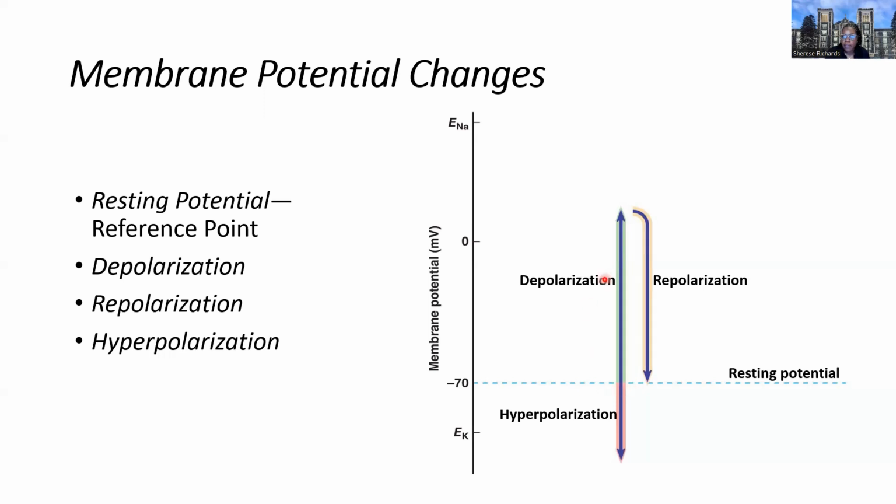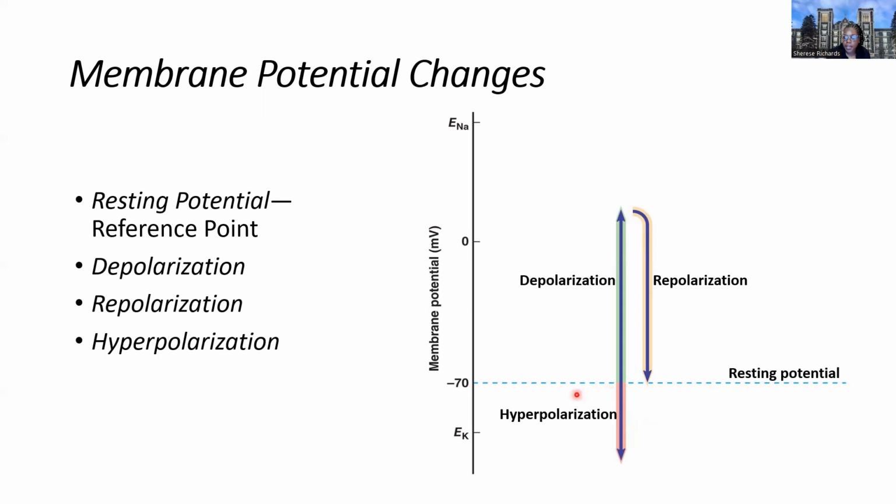And then we can also have a repolarization, which is the second phase of the action potential. And that is where we go from a positive membrane potential to returning back to rest at -70. So repolarization is one type of negative membrane potential change. And then the other type of negative membrane potential change is the hyperpolarization. So this is where we go below resting, which is the -70.